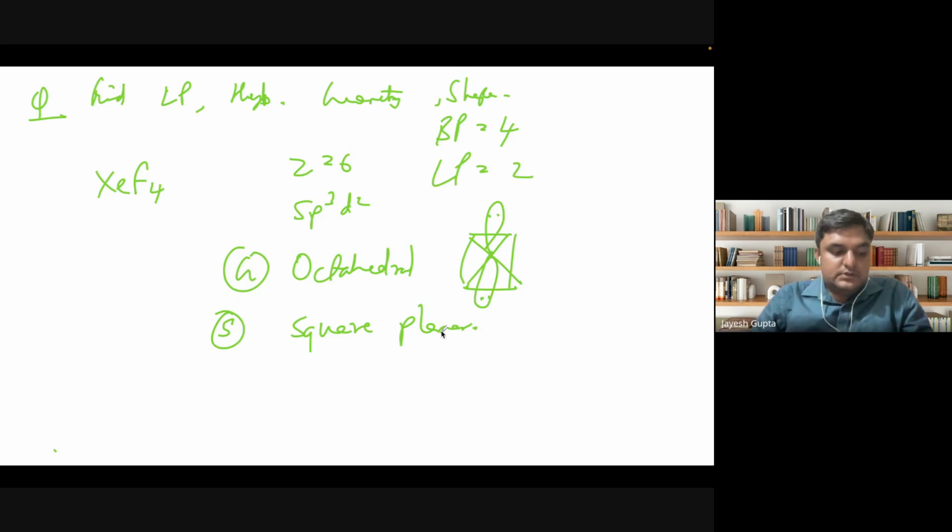Okay, so now last one: Z, bond pair, lone pair, geometry, shape, hybridization.